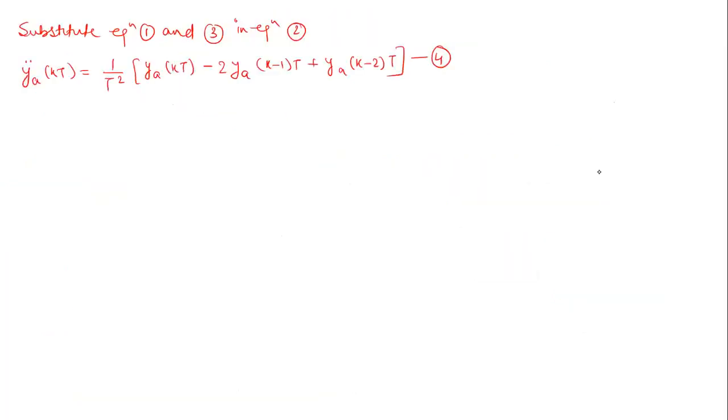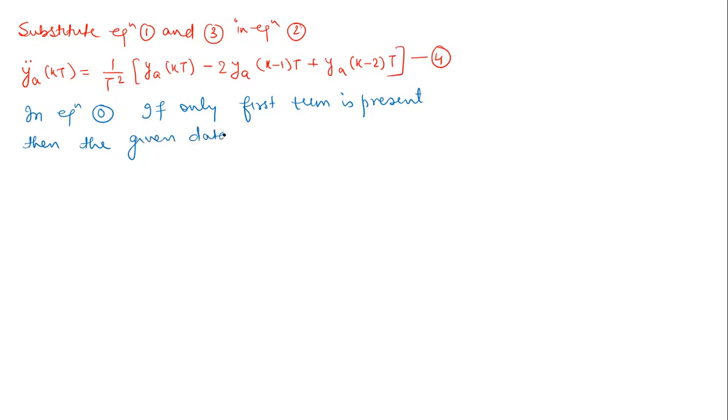Now in this equation 0, if only the first term is present, then the given data hold is called a zero order hold, ZOH, right? Zero order hold.